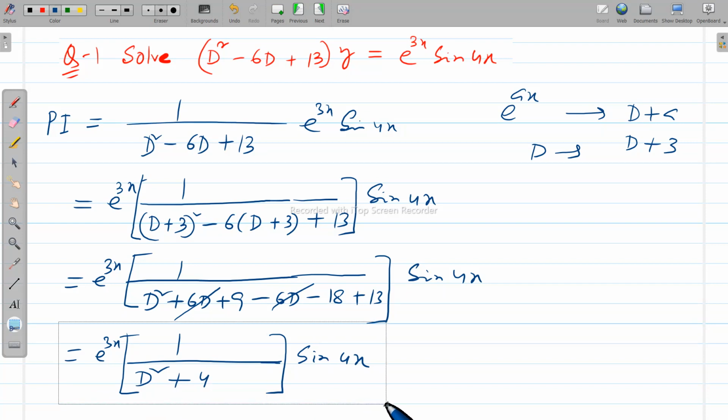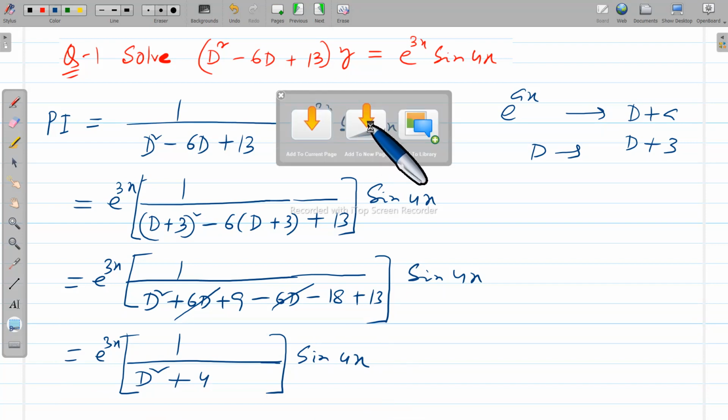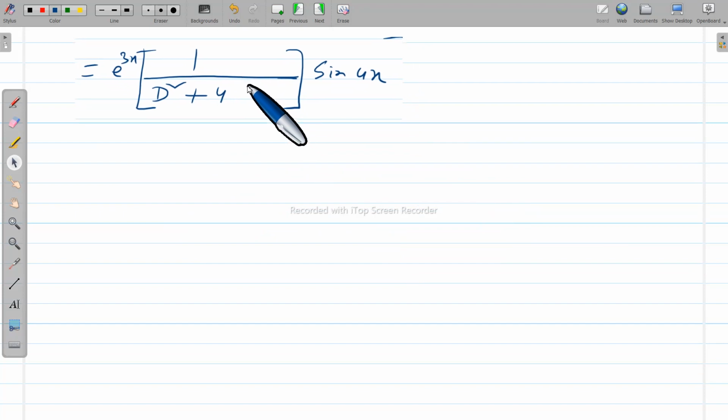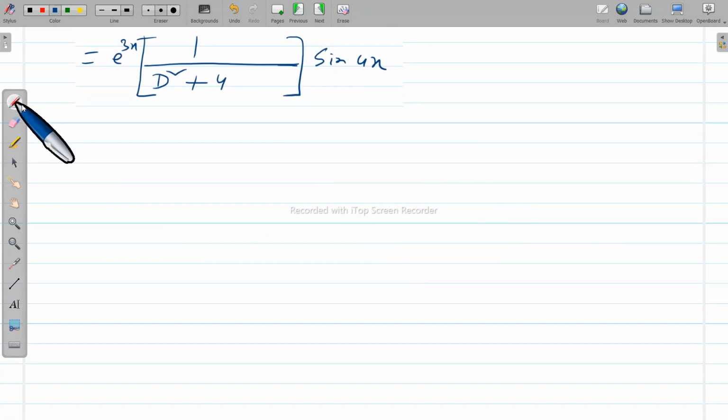Already you know how to simplify it. I'm giving you some time. Now solve it. In the meantime I'm also solving. Just send in the chat box after getting the solution. Now e to the power 3x will be here. What is the formula for sine and cosine?